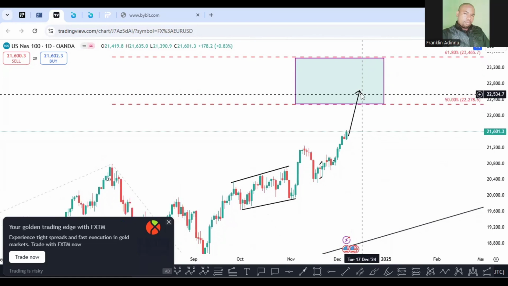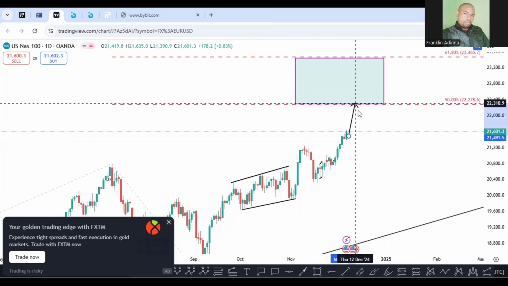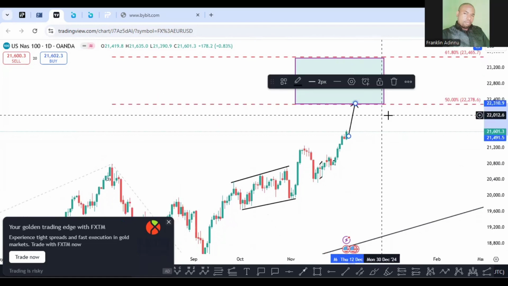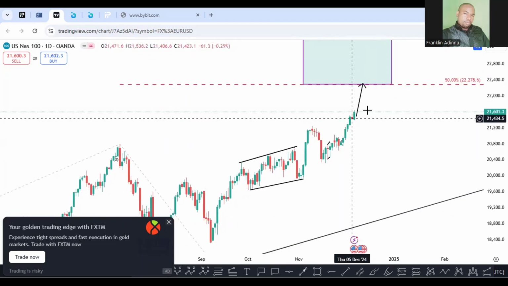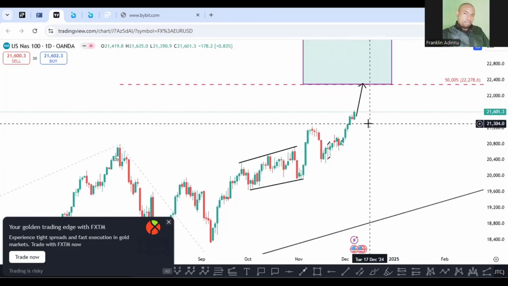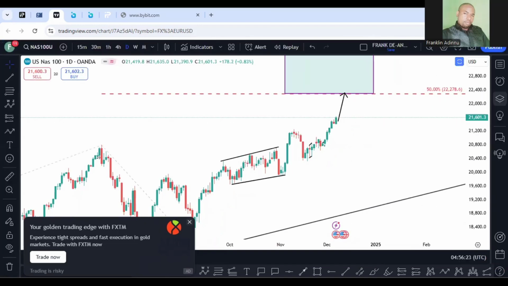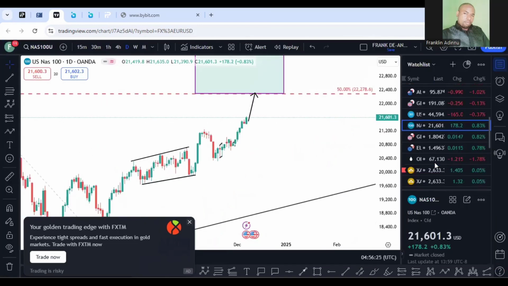But here maybe your target first. Once you get there, you have to see another bigger correction before you can buy. But when anything is here, a small correction, buy, small correction, buy, and make a profit. That's all for Nasdaq.